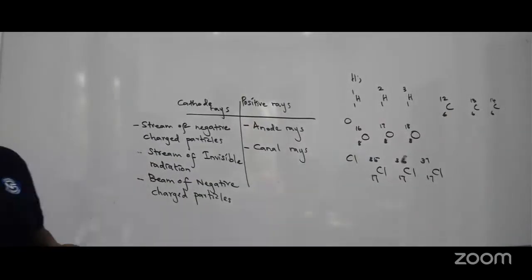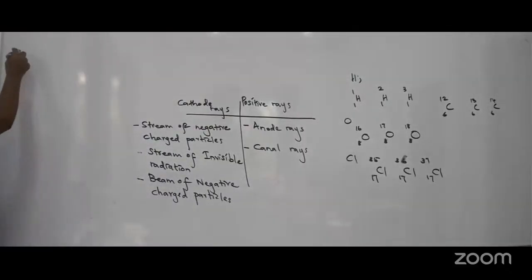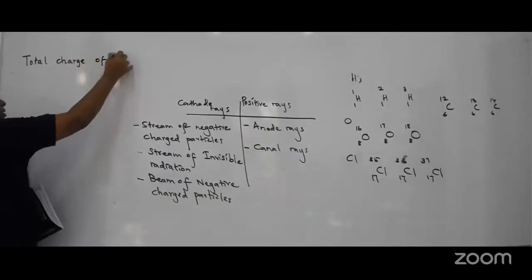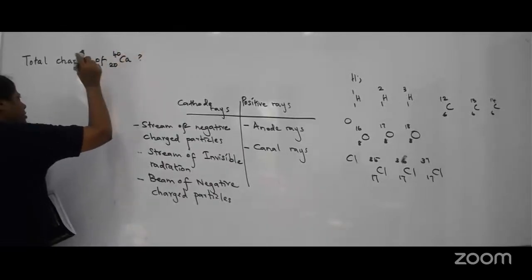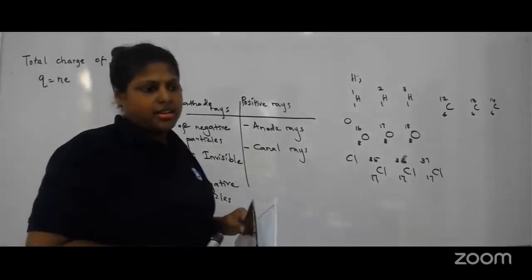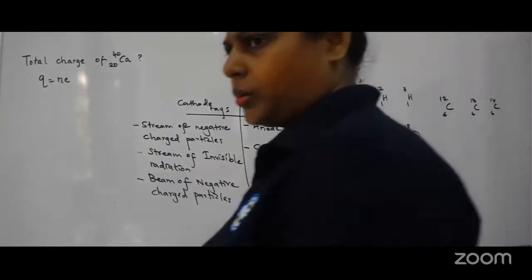In your writing book or on extra paper, please find the total charge of the element calcium, atomic number 20. Simply apply the Q equals ne equation to get the answer.